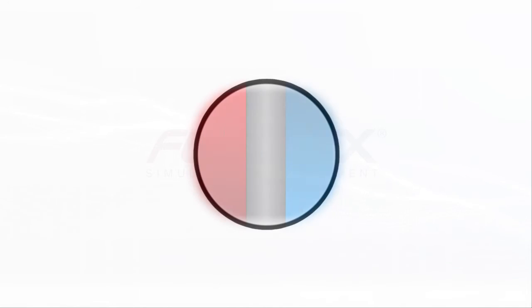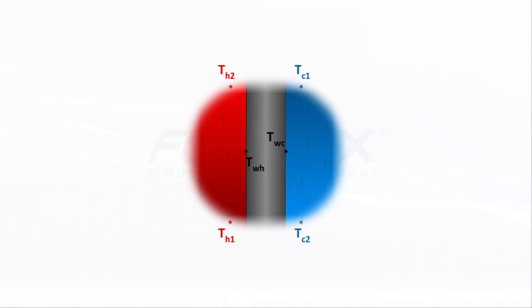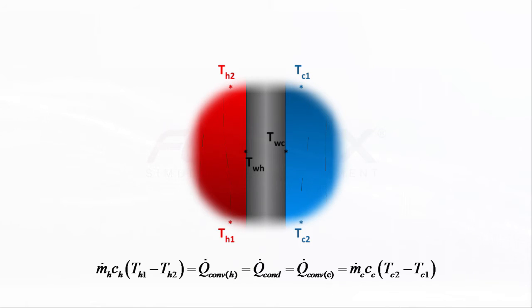First of all, for a fully insulated heat exchanger, the hot side's heat loss, mCp delta T, is always equal to the hot side convection heat transfer, which is equal to the tube wall conduction heat transfer, which in turn is also equal to the cold side convection heat transfer, which is finally equal to the cold side heat take-up. This conservation of energy principle is fundamental to all such cases.